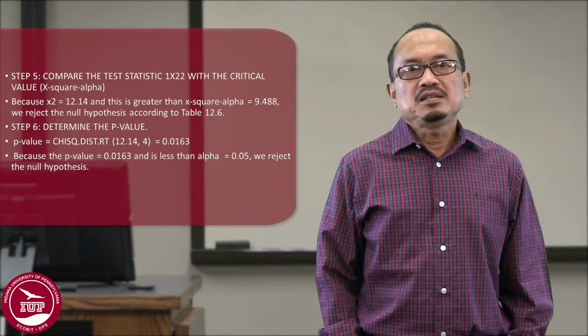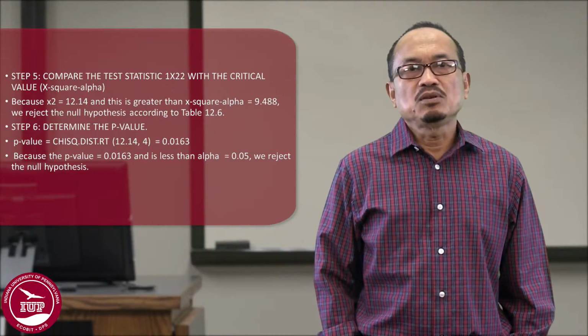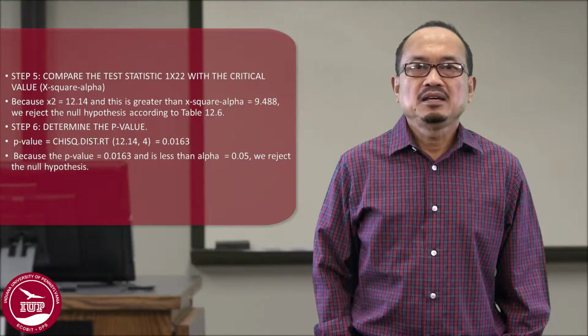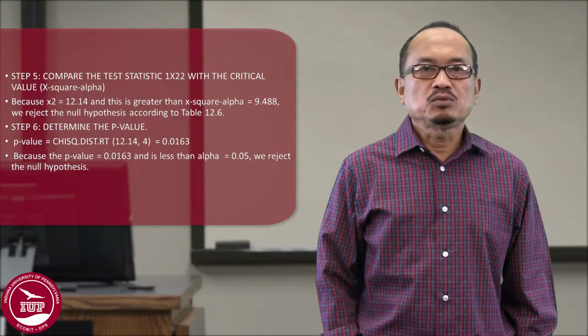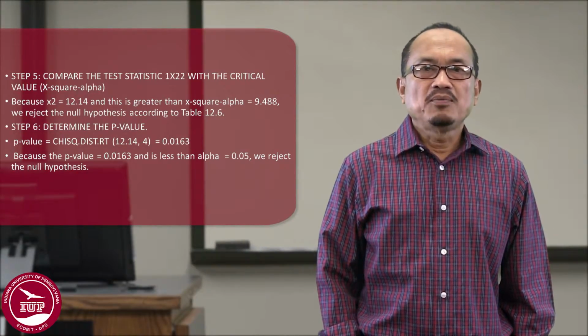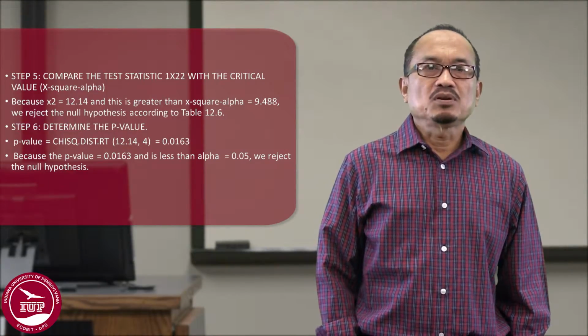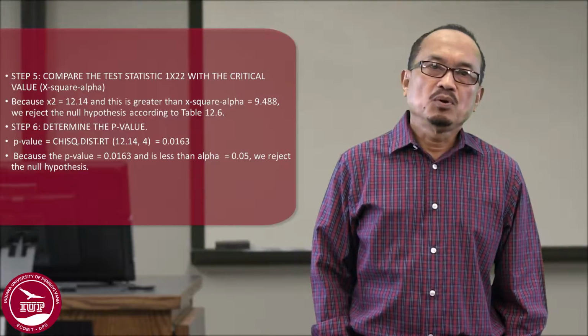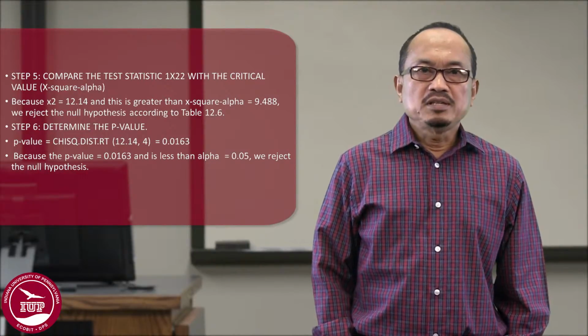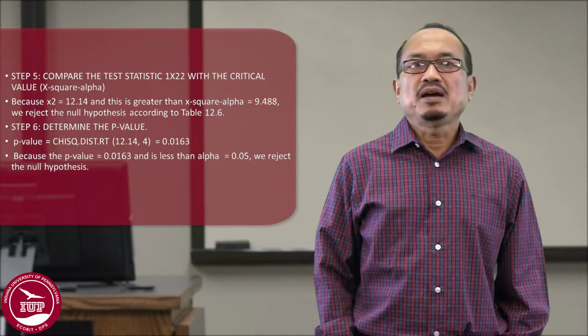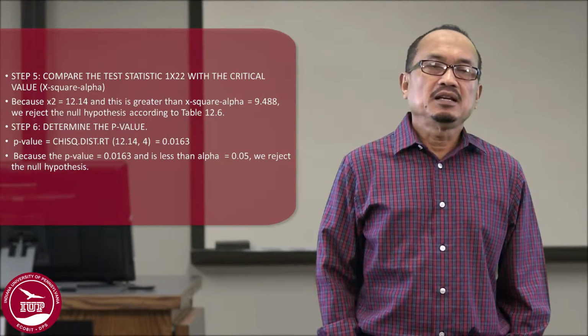The p-value in Excel is equal to CHISQ.DIST.RT(12.14, 4), which is equal to 0.0163. Because the p-value is equal to 0.0163 and is less than alpha 0.05, we reject the null hypothesis.